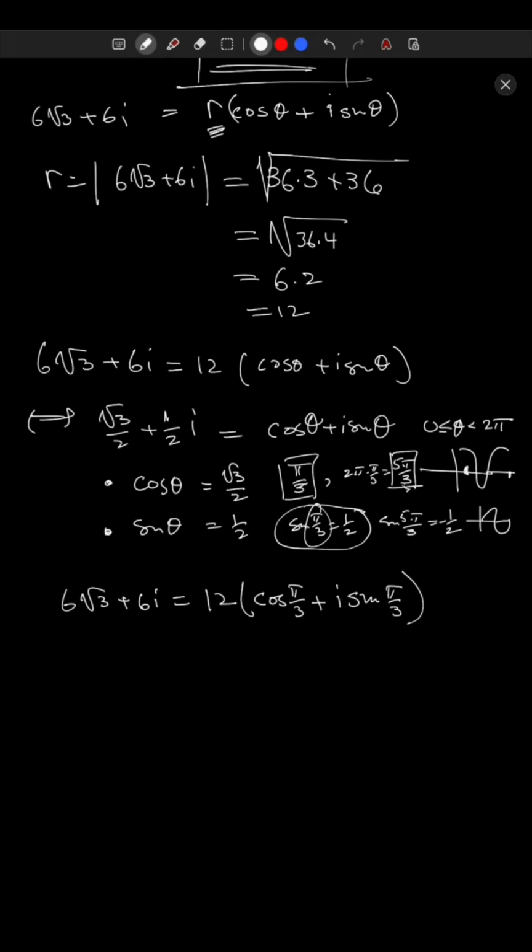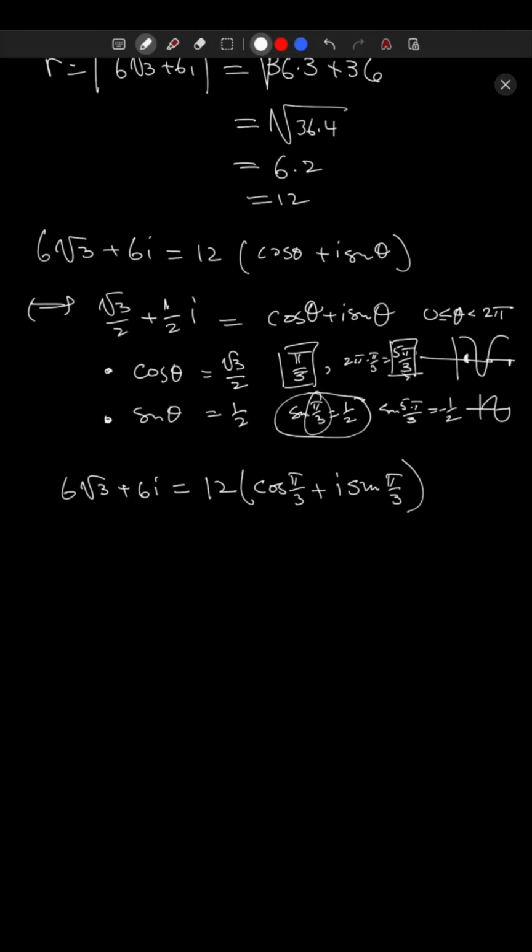Okay, because the other solution doesn't work. 5 pi over 3 doesn't fit with the sine. All right. Okay. Notice, however, if I had 6 root 3 minus 6i, then this would be a minus 1/2 here. And so the one that would work is instead 5 pi over 3. All right. And so this in here would have been 5 pi over 3 instead. So you have to be very careful about these.